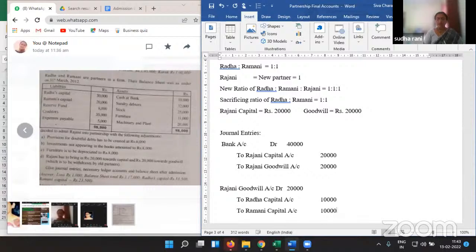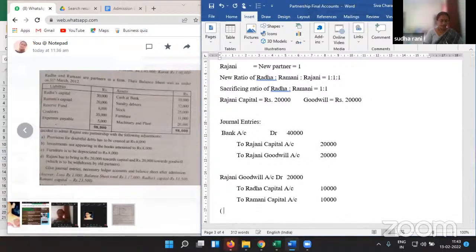Equally taking the share. Write down the narration: goodwill shared by old partners in sacrificing ratio. Understood? That you are supposed to write down.